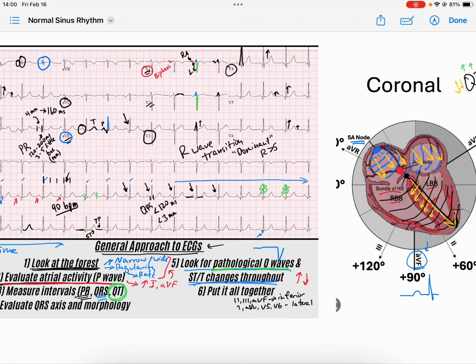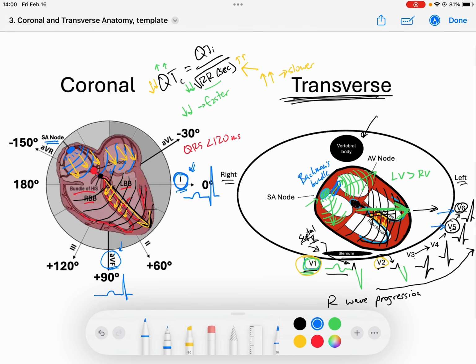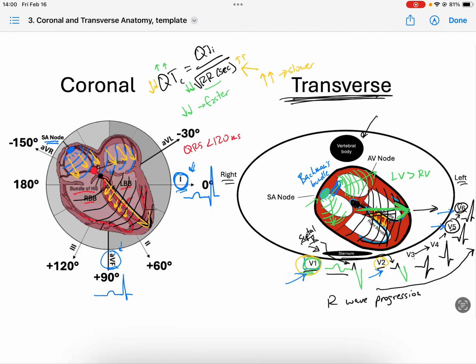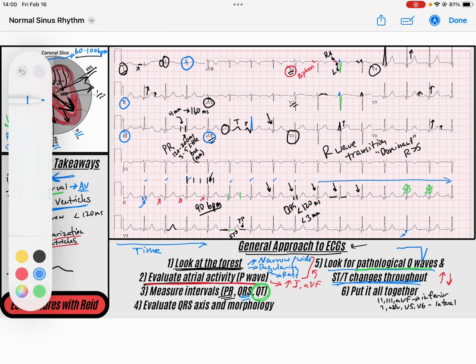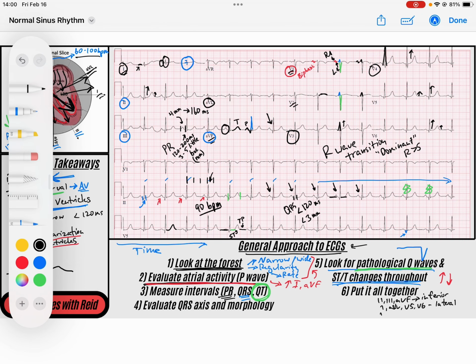Remember we said that V1 and V2 capture septal forces, and because of that we designate leads V1 and V2 as septal leads.